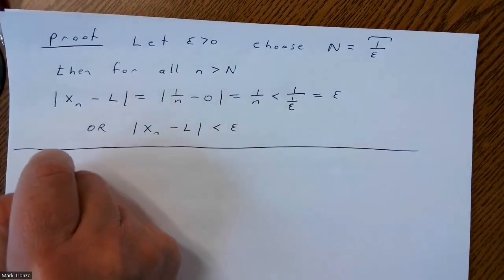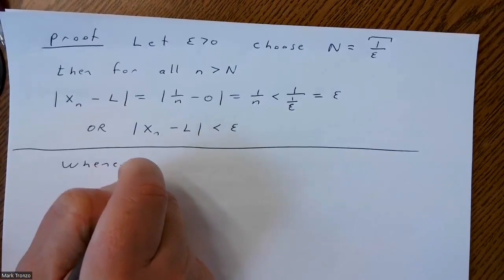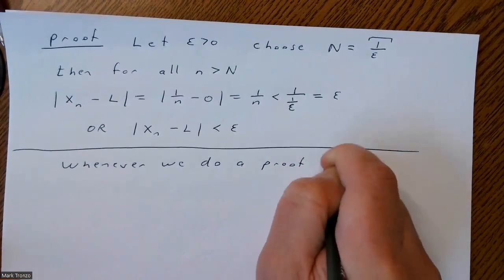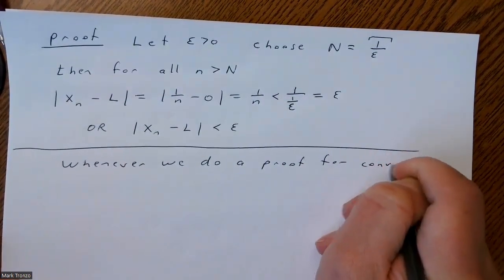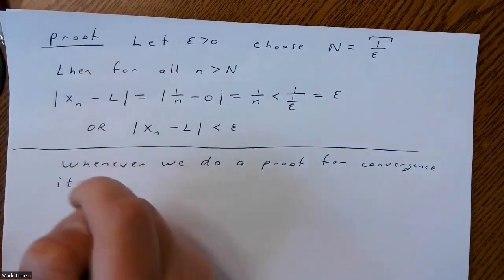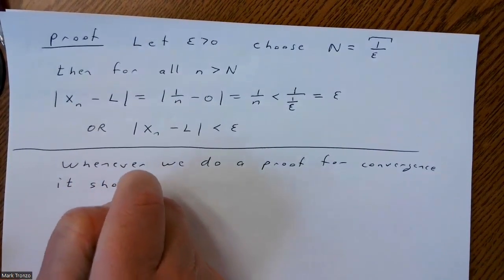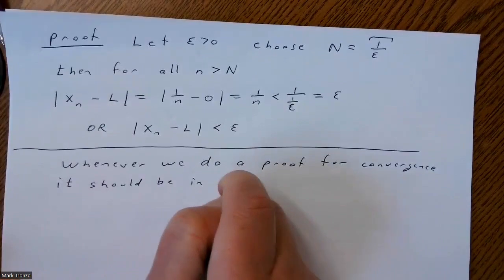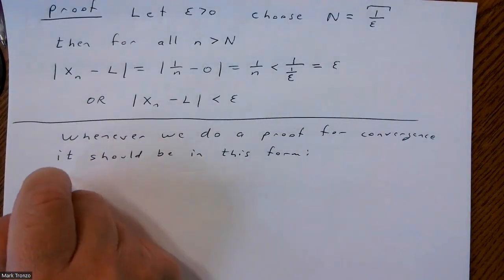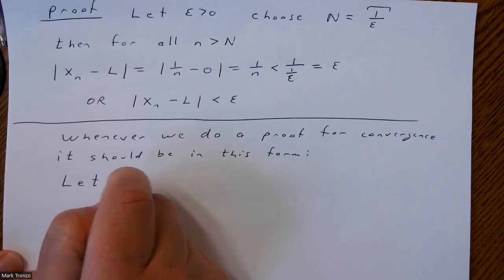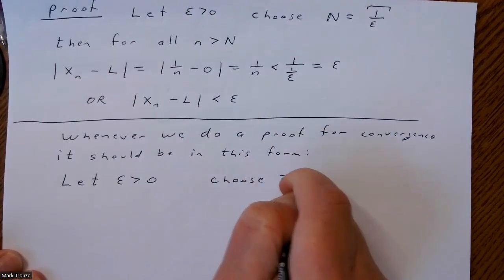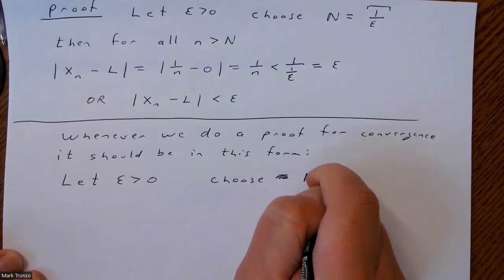So the final proof then: whenever we do a proof for convergence, it should be in this form or something similar. Let epsilon be greater than 0, then choose your n, and then show what that is.